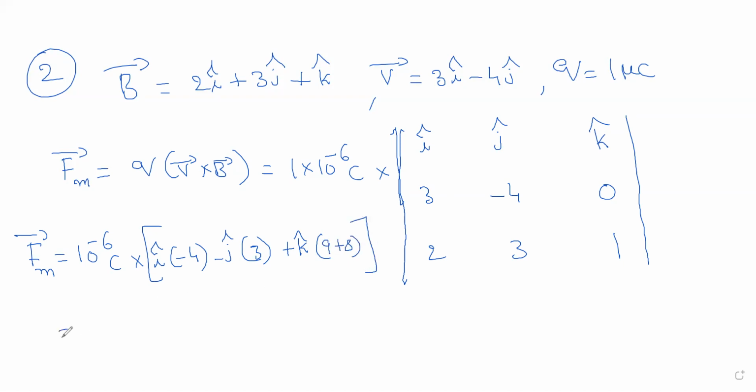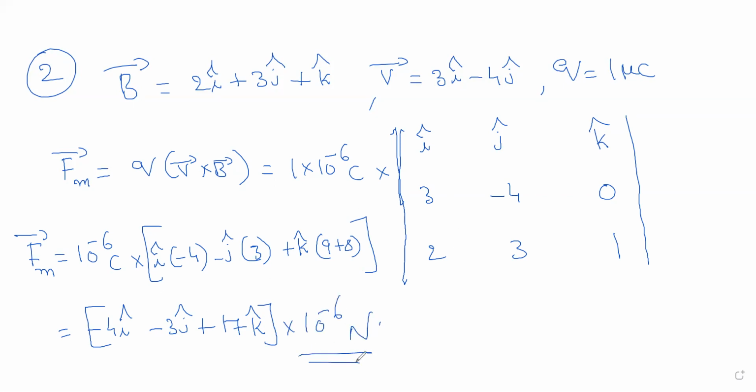So it is minus 4I minus 3J plus 17K, multiplied by 10 to the power of minus 6 newtons. This is what you get.